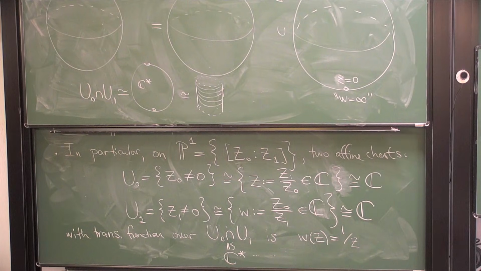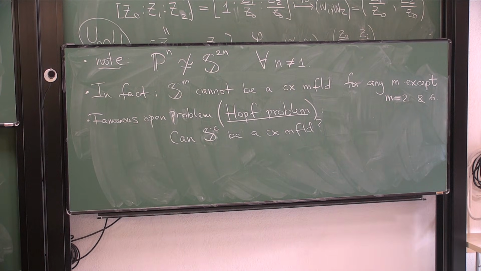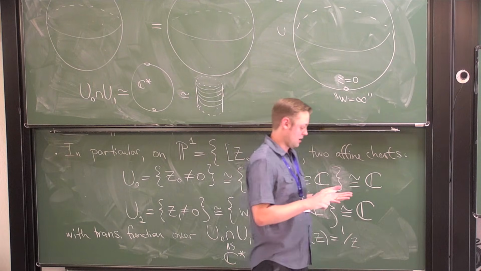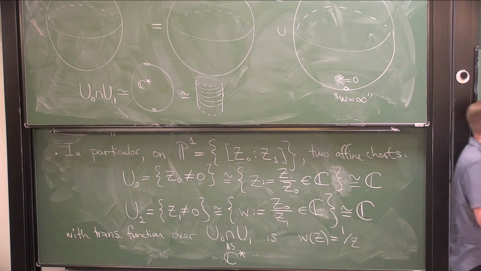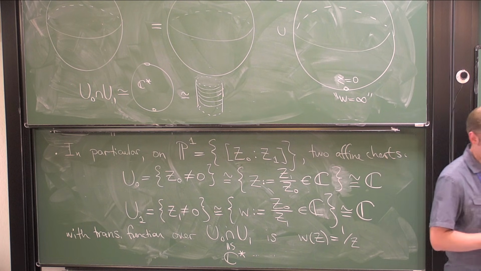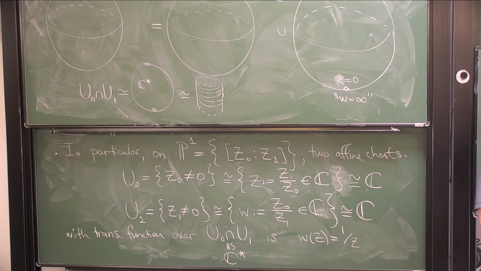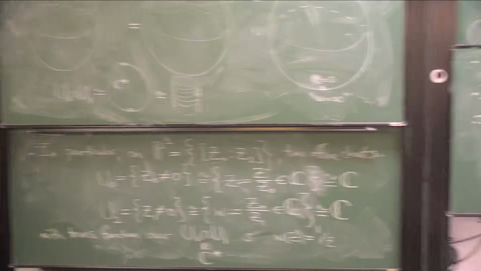And if you have absolutely nothing else better to do with your life, you can Google this problem, and you will find a bunch of papers which claim to have proved that S6 does not admit a complex structure. And all those papers, the last time I checked at least, are wrong.